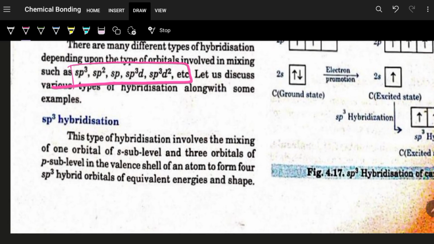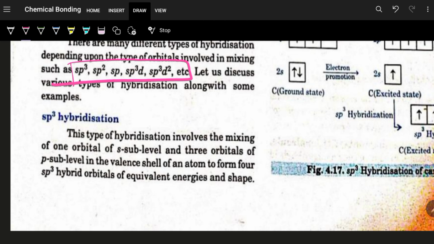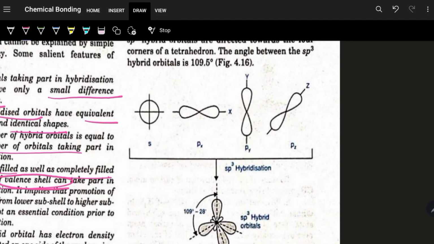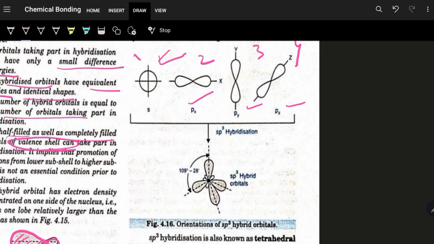Many more are there. This is sp3 hybrid orbital, 1s and 3p. Let us see that. This is 1s orbital, px, py, pz combining. So I'm having 1, 2, 3, 4 atomic orbitals combining in order to get 4 set of hybrid orbital. Now this is 1, this is 2, and this is 3, and this is 4.